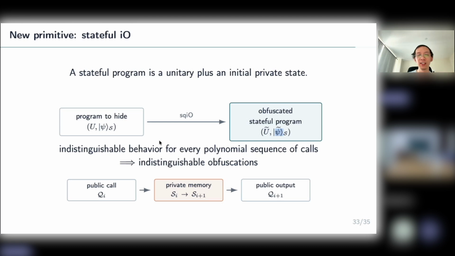The guarantee is that if I have two pairs (U, psi) whose behavior is indistinguishable for every polynomial sequence of calls, then the obfuscations you get out of this stateful quantum IO should also be indistinguishable.